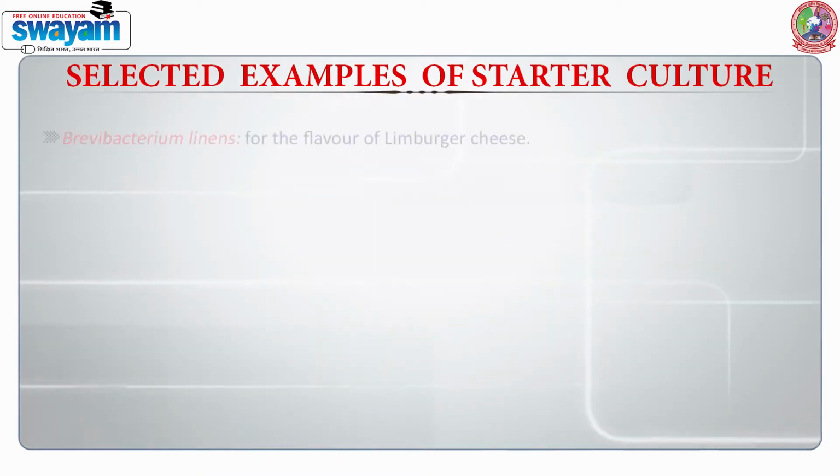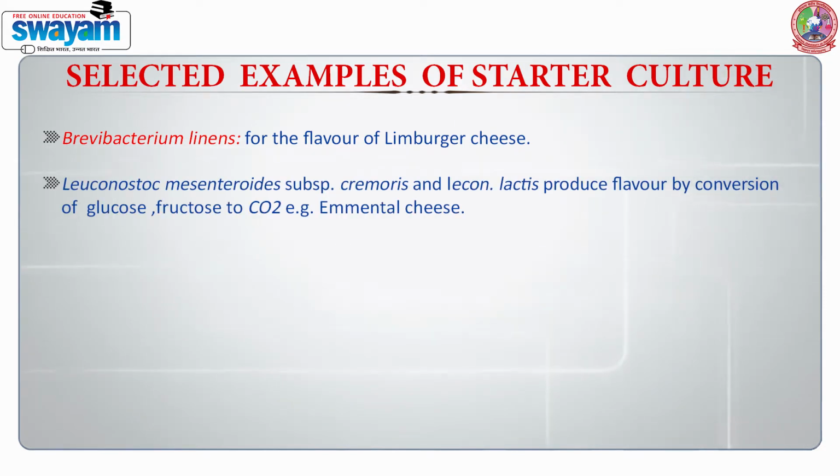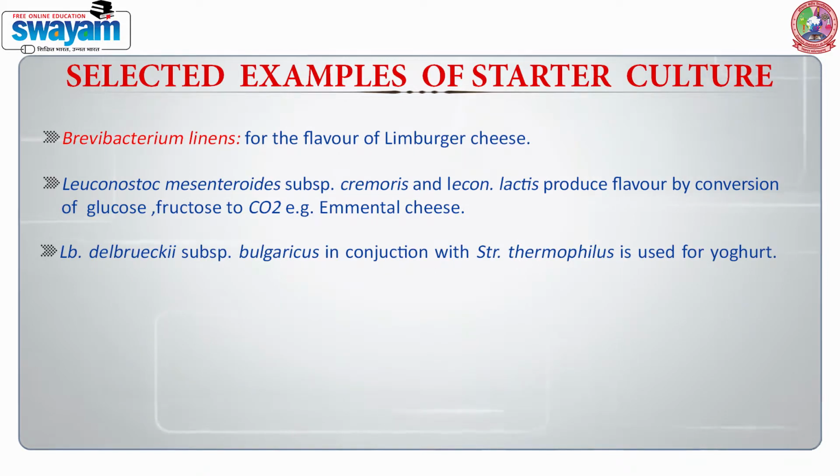Selected examples of starter cultures are Brevibacterium linens, which is utilized for flavor production in Limburger cheese; Leuconostoc mesenteroides, producing flavor by the conversion of glucose and fructose to CO2, for example in Emmental cheese; and Lactobacillus delbrueckii in conjunction with Streptococcus thermophilus, used for yogurt production.